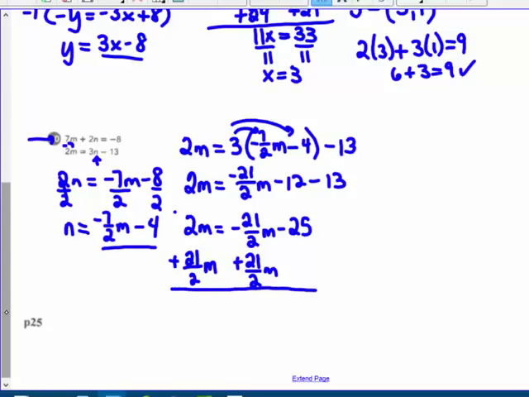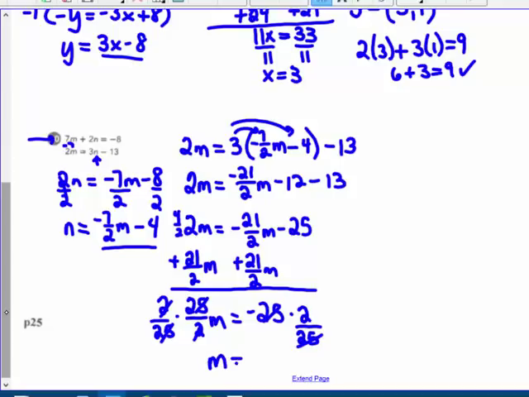Well, 2m is the same thing as 4/2 m, so 4/2 and 21/2 is 25/2 m equals negative 25. Well, isn't that nice? So I'm going to multiply by the multiplicative inverse, 2/25. Well, those are going to cancel, not that negative, however. And I get m equals negative 2.